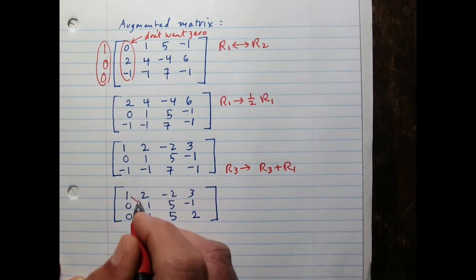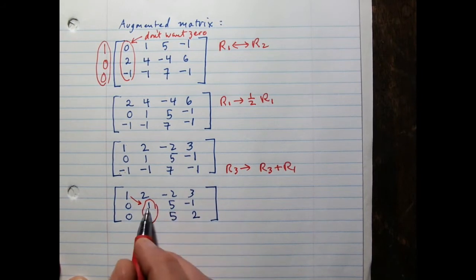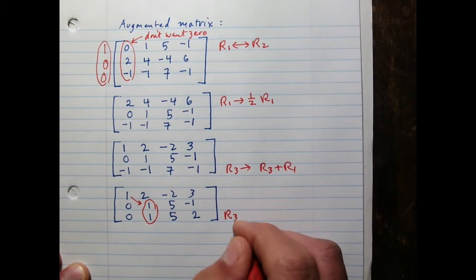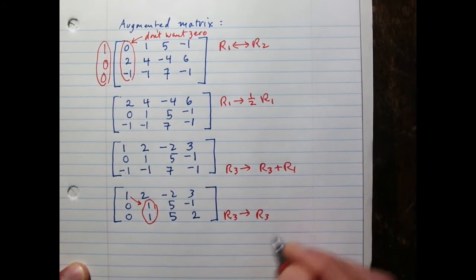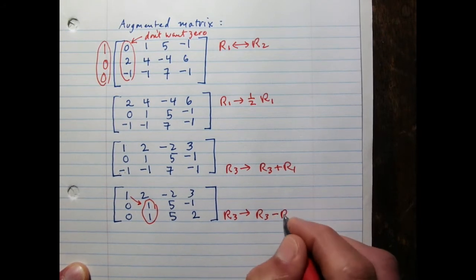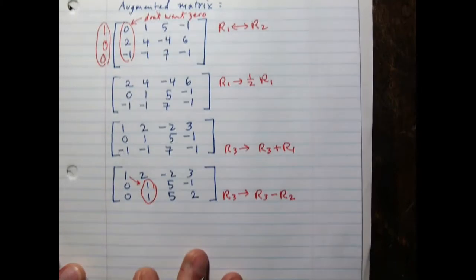I move down diagonally. I'm happy because I already have a 1 in that position as I come down diagonally. So now I want a 0 below. So I'm going to change row 3. I'm going to just subtract row 2, or add -1 times row 2, if you will.